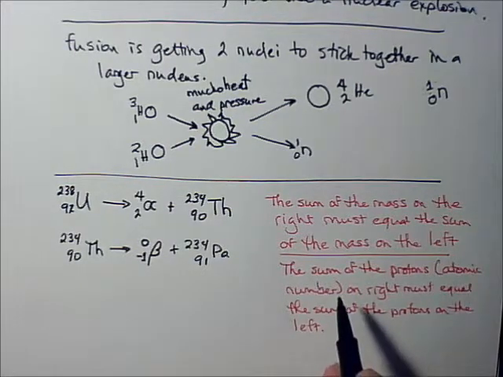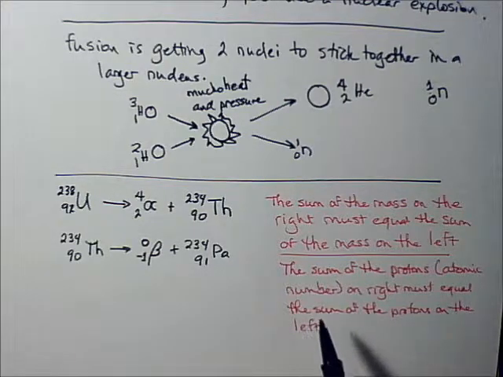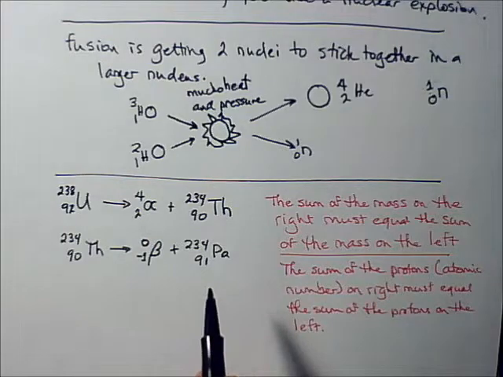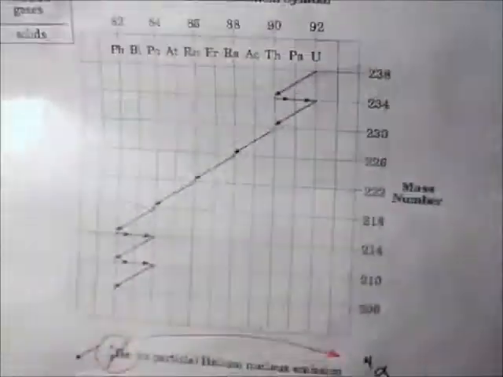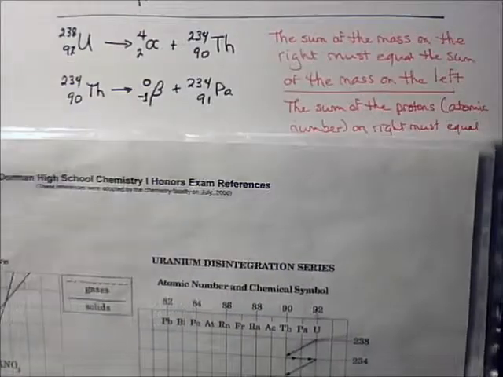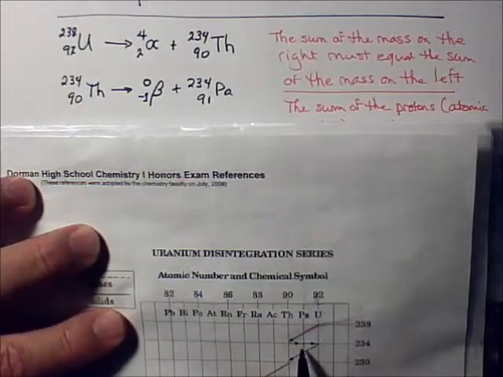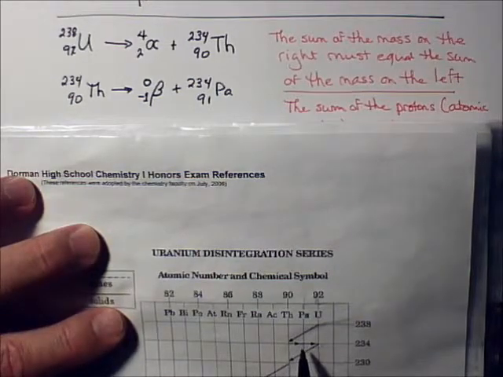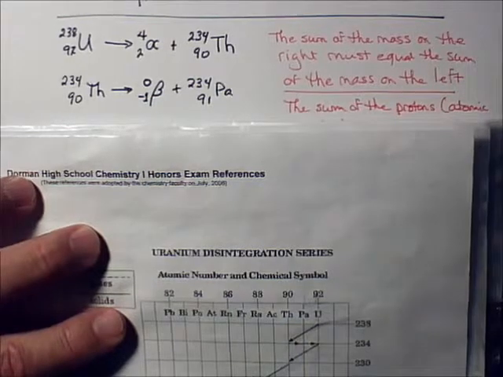The sum of the protons, which is also the atomic number, on the right must equal the sum of the protons on the left. The protons are always the numbers at the bottom, the atomic number, bottom left. So uranium goes through an alpha decay, the product is thorium, thorium goes through beta decay, and we get to protactinium here.